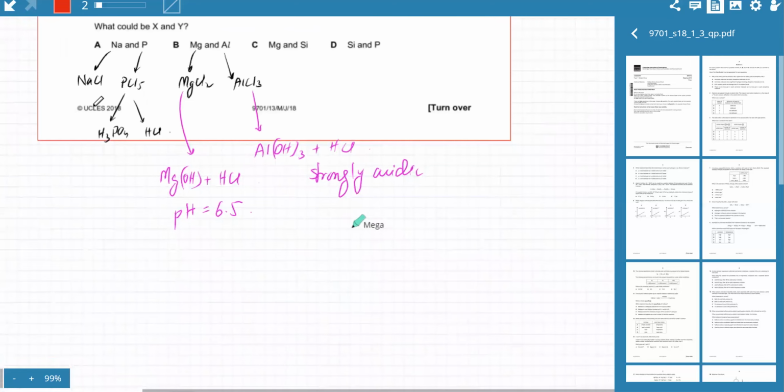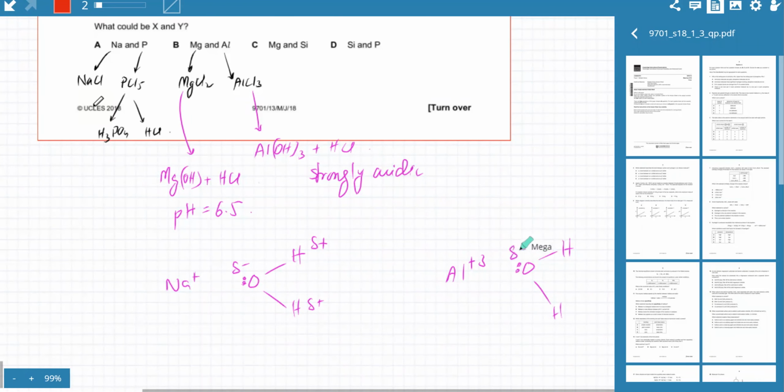And I also explained why hydrolysis was happening. Why couldn't Na+1 hydrolyze water? The reason was that Na+1 would attract the water molecules, but not that strongly. So sodium ions would go into water and they wouldn't do anything to water. Meanwhile, if you have aluminium +3 and there's a water molecule sticking to it, it would be attracting the water molecule very strongly.